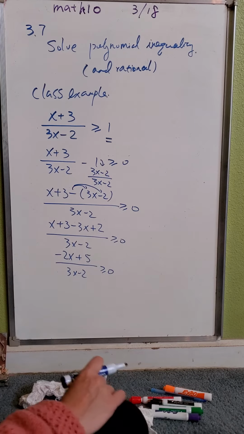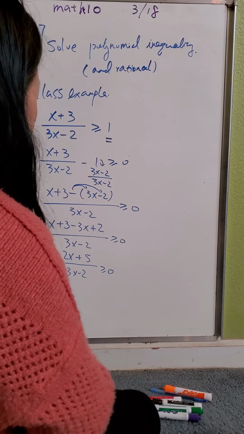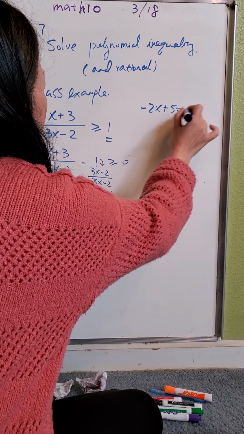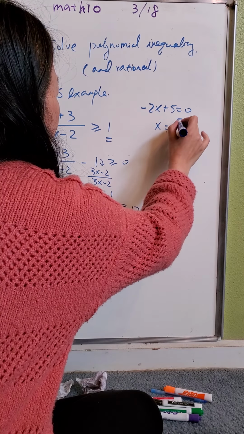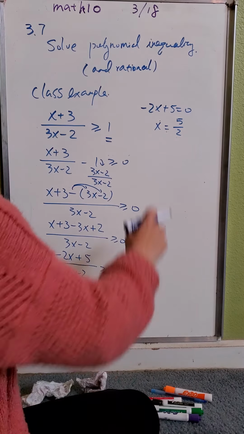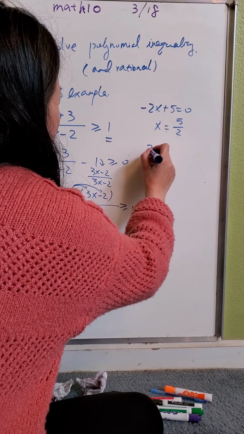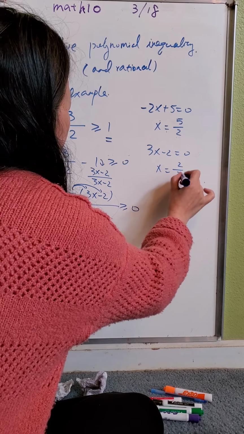Now you do it like how we did earlier. Okay, so I'm going to let each one equal to 0. And then I solve this, so x equals 5 over 2. Okay, subtract 5 on both sides, divide by negative 2, so positive. And then 3x minus 2 equals 0. X equals 2/3.